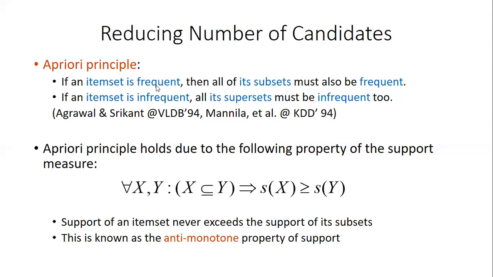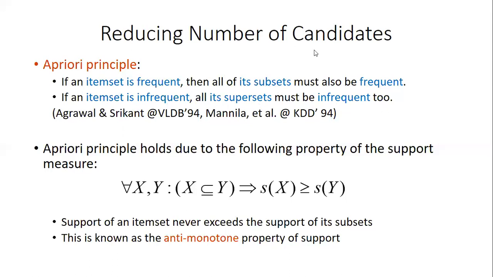Conversely, if an item set is infrequent, its supersets must be infrequent too. So I repeat once again: if an item set is frequent, its subsets are frequent; if an item set is infrequent, its supersets are infrequent.